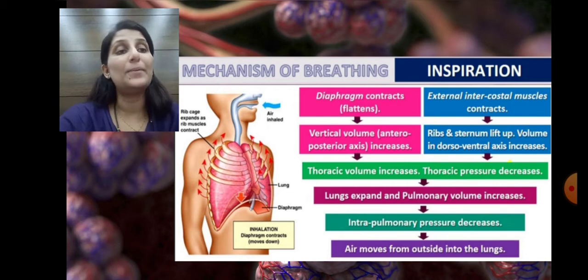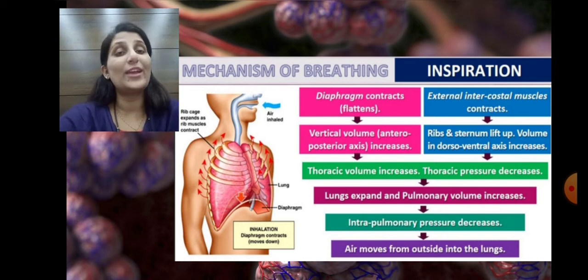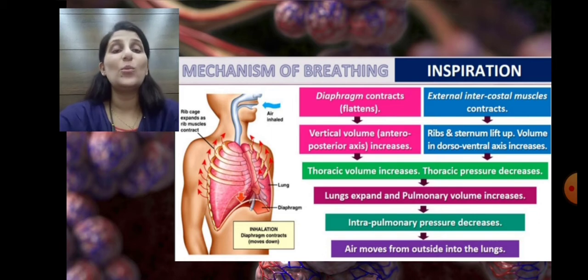And as a result, the volume of the thoracic chamber increases in the dorsal and ventral axis, that is in the backward and forward direction. In the back to front axis, the thoracic chamber increases its volume due to the contraction of the external intercostal muscles, which causes the ribs and the sternum to lift up.